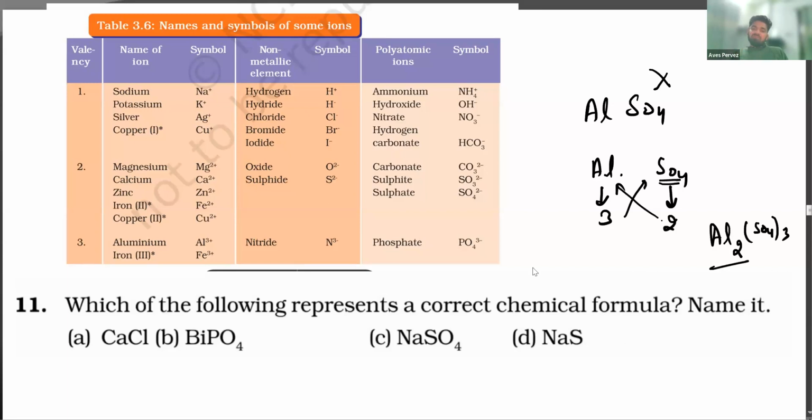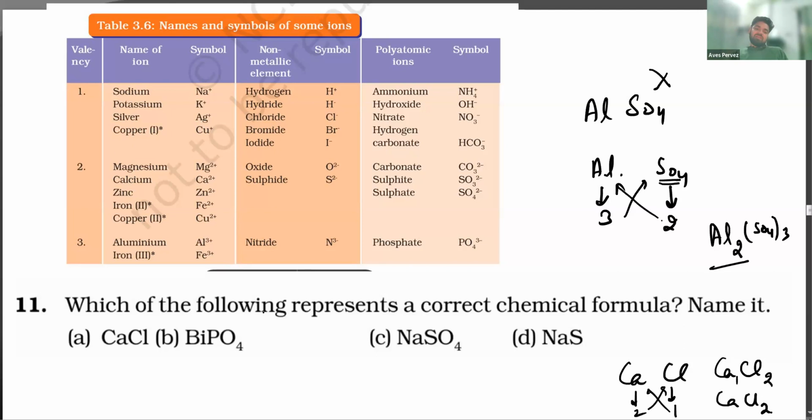When we have one, we don't write one, okay? Calcium has valency 2 and chloride has valency 1. So if it is 1, don't multiply it. You write it this way, CaCl2. If nothing is written, it means 1. So the formula is CaCl2. Got it?